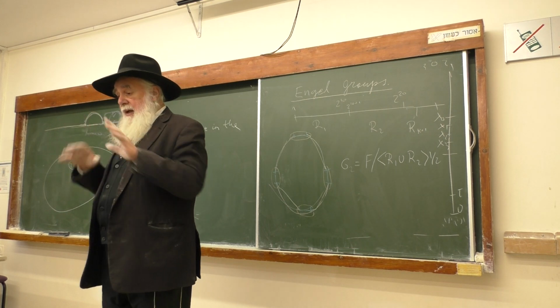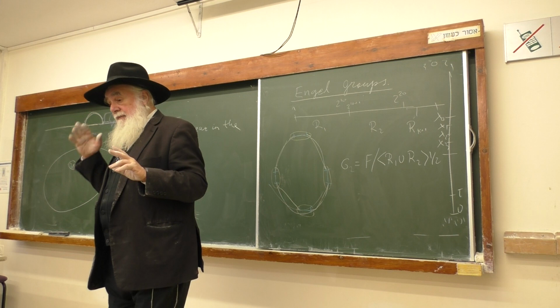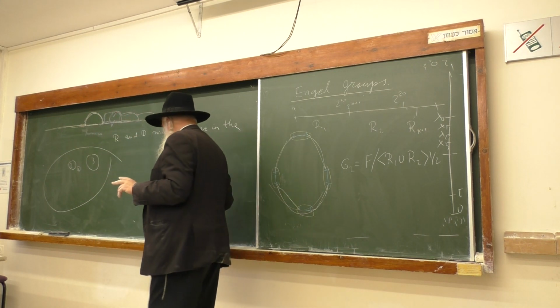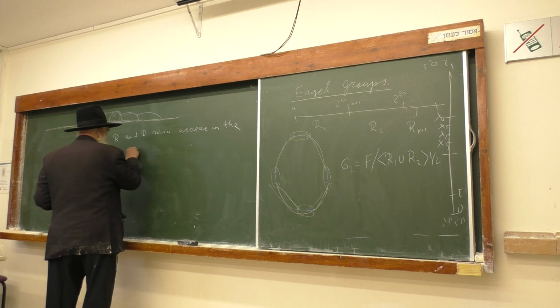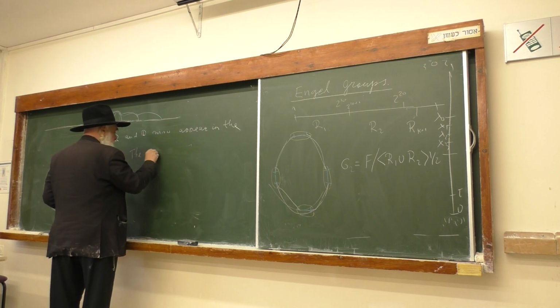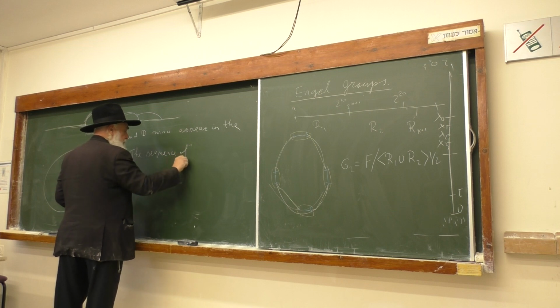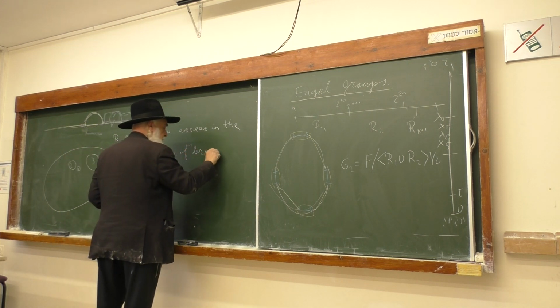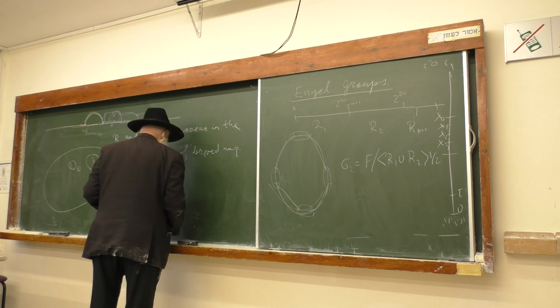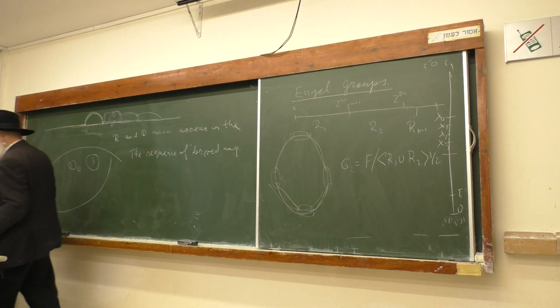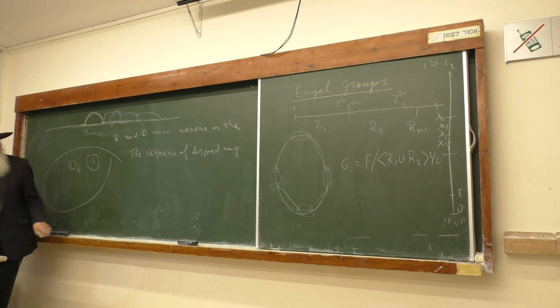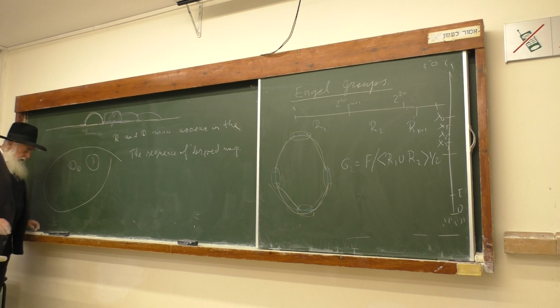When we have a Van Kampen diagram with regions of different ranks, we have a sequence of derived maps. In each of the situations, for example, we have the ranks from 1 to k. So we take all the regions from 2 to k.